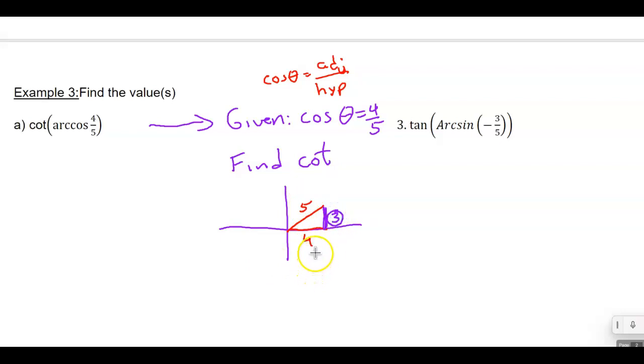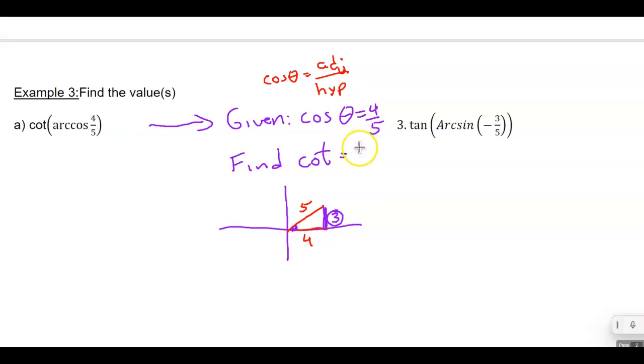Pythagorean theorem. If not, you can do a squared plus b squared equals c squared. 25 minus 16 is 9. Square root of 9 is 3. Okay. So we know our full triangle, and we need to find the cotangent. Now you have to remember, what is cotangent? The reciprocal of tangent. If tangent is rise over run, up 3/4, cotangent is the reciprocal.